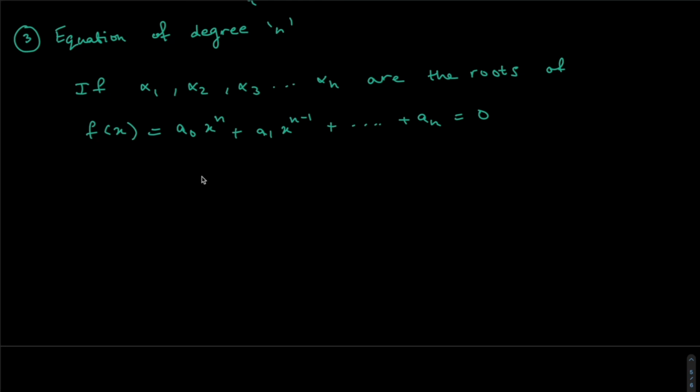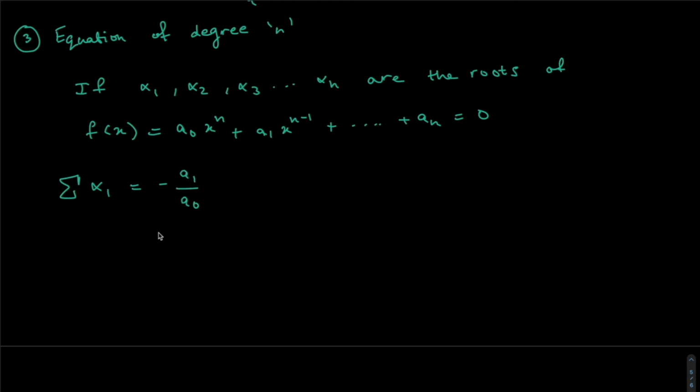So basically we have n number of roots, because it's degree n. The general final result is: if we have the sum of individual roots, alpha 1 plus alpha 2 plus alpha 3, all the way up to alpha n, it is minus a1 by a naught.